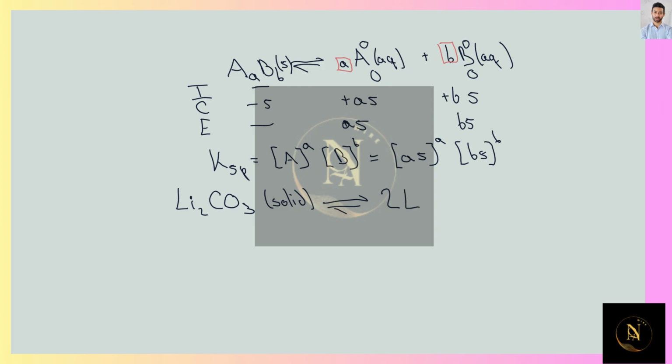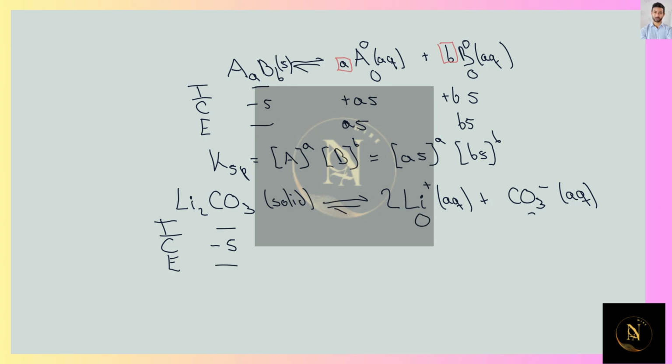So we're going to produce two equivalents of lithium plus in aqueous solution, plus one equivalent of the carbonate in aqueous solution. Again, if we do our ICE table, for this case, the amount that is going to change is the molar solubility of our compound.